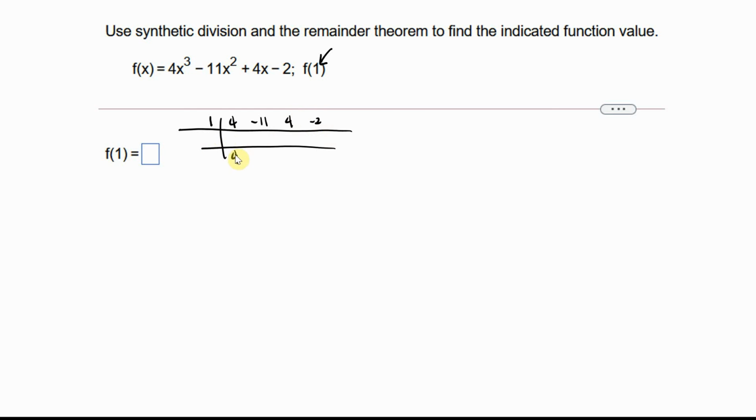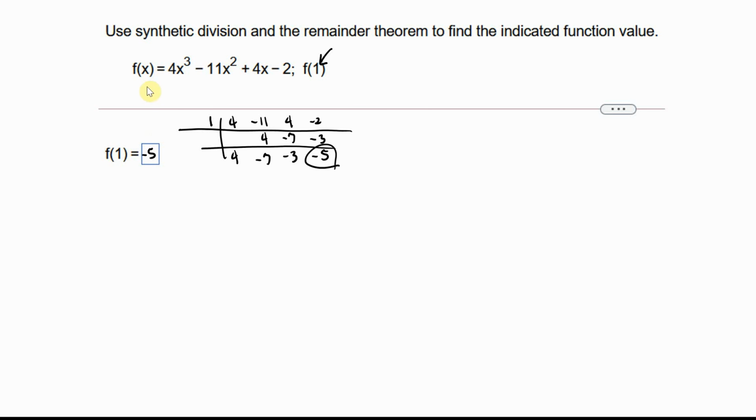Bring down the 4. 1 times the 4 is 4. Minus 11 plus 4, -7. 1 times -7 is -7. 4 minus 7, -3. 1 times -3, -3. We add these two, we get -5. So basically all they're saying is that f of 1 is equal to -5.